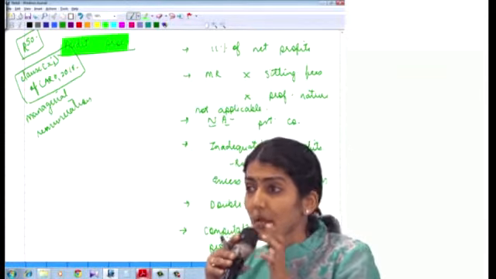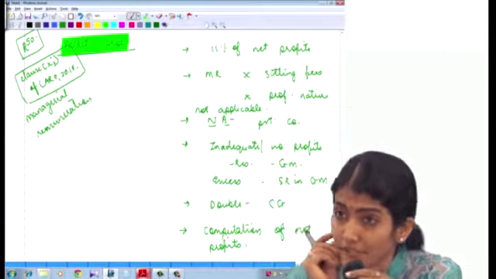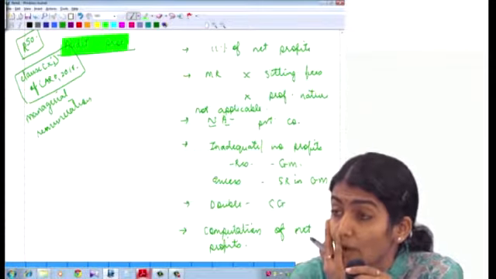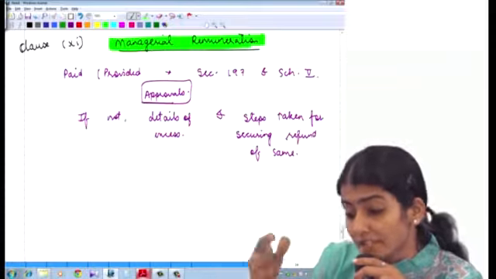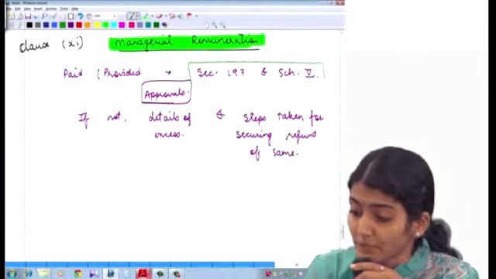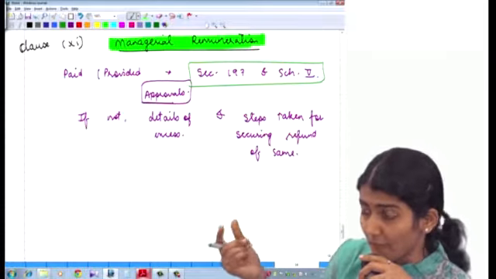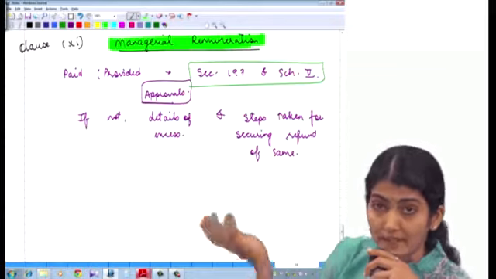Right, so that is clause 11, which is regarding the managerial remuneration. Has it been paid or provided for in accordance with the requisite approvals mandated by section 197 read with schedule 5 to the Companies Act? If not, the amount involved, the excess paid and the steps taken for securing refund of the same.